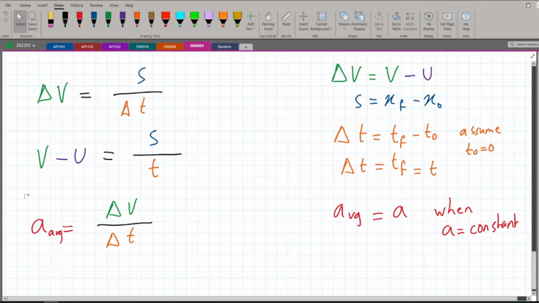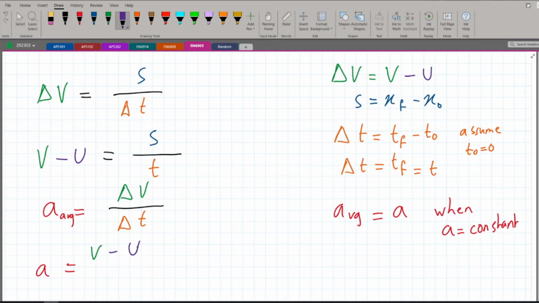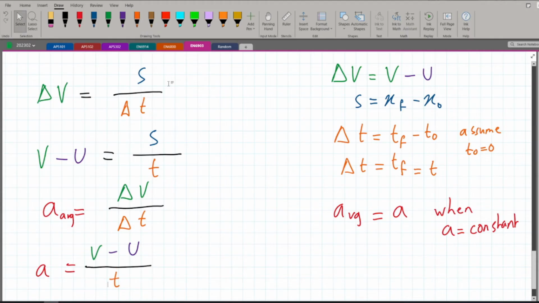So we can rewrite this equation now as a is equal to delta v, which is just v minus u, over delta t, which is just t final, which is just the time t.